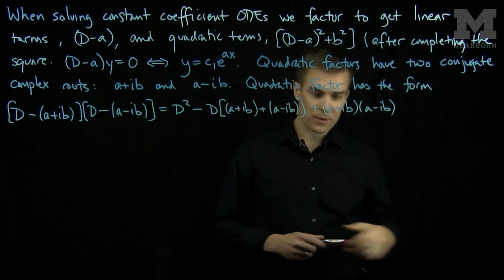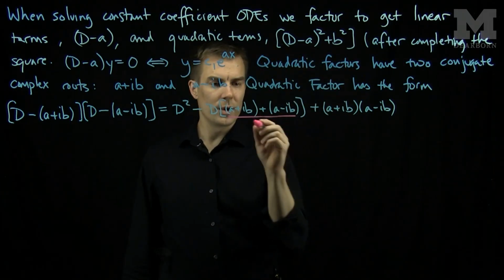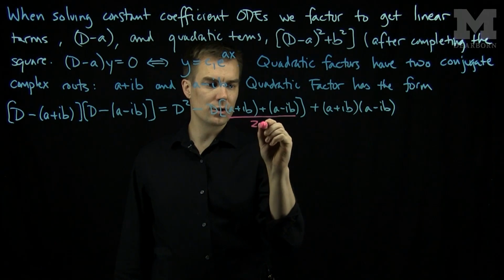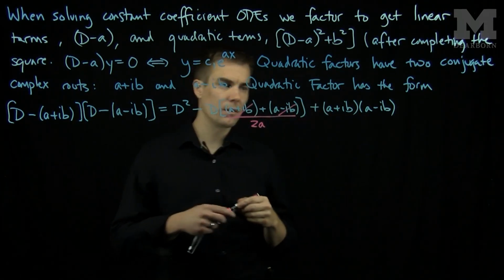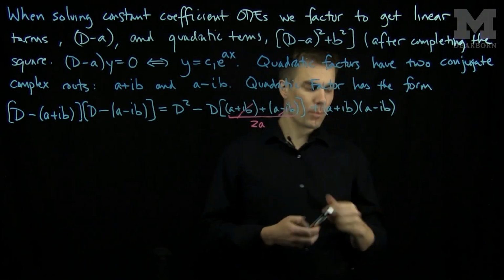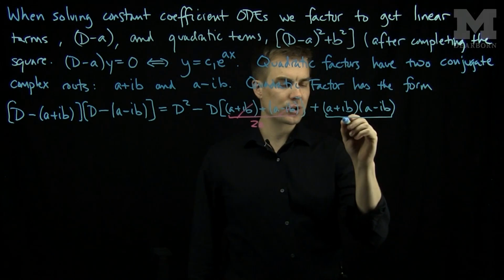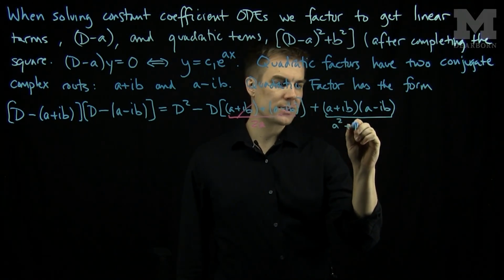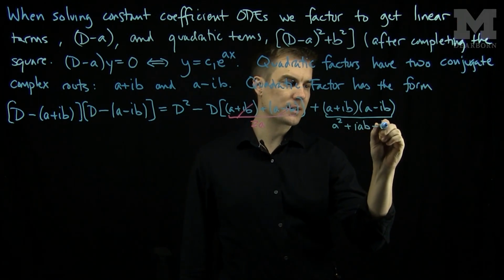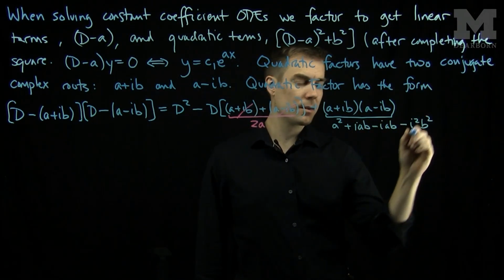If we look at the terms that are the coefficients of d, we see that this will simplify just to 2a, as the ib and the negative ib will cancel. And over here, we'll multiply a complex number by its conjugate, and we will see that this expression, after multiplying everything through, is a squared plus iab minus iab minus i squared b squared.